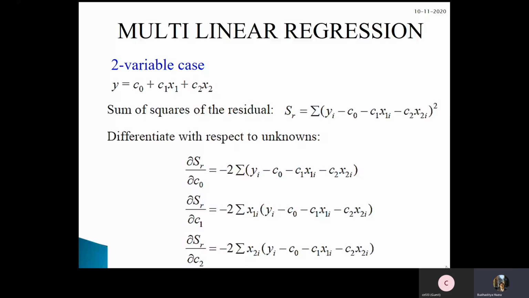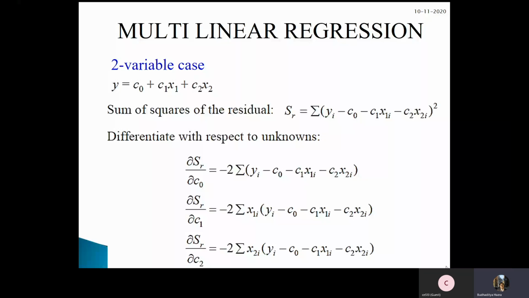Here your variables are x1 and x2, and you are trying to establish a linear relationship based on the observed data of the triplets, that is y, x1 and x2. Your yi, x1i and x2i will be provided, and based on those observations you have to find the unknown c0, c1 and c2.